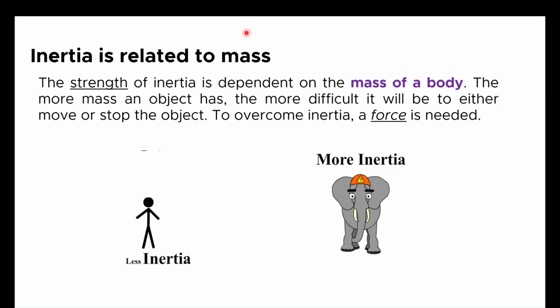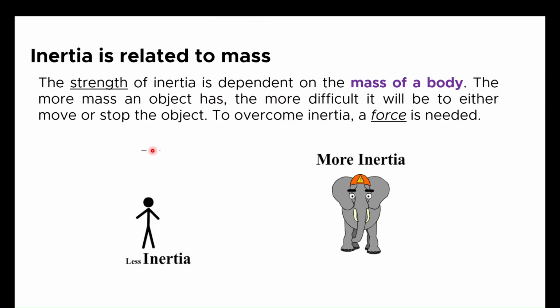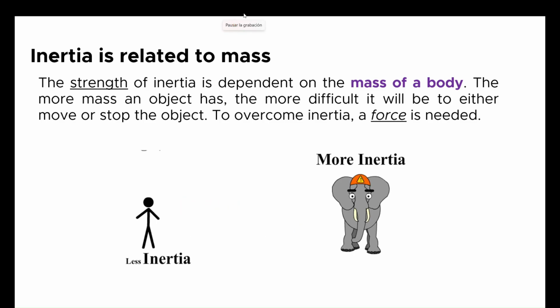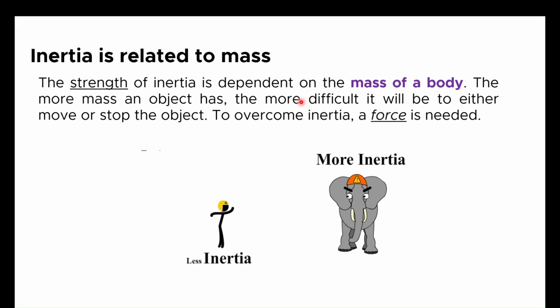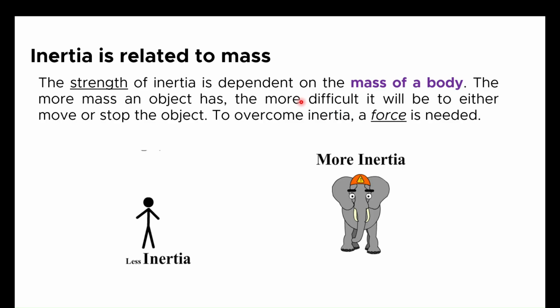The strength of inertia is dependent on the mass of a body. The more mass an object has, the more difficult it will be to either move or stop the object. To overcome inertia, you need to apply sufficient force. Remember, inertia is the resistance to move or to stop. It's the resistance to change.